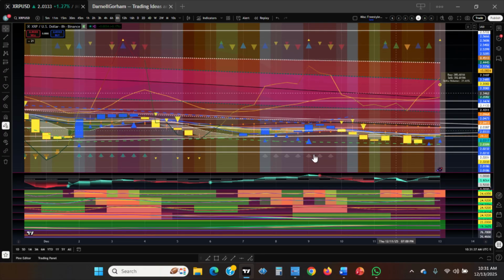There's no strength to carry you up through the 13 and the 48, that which is in the midst of the solid correction, the dotted orange lines. There's no support of the green triangles to carry you up through the solid black lines, the 50 and the 200 golden cross wanting to come in.